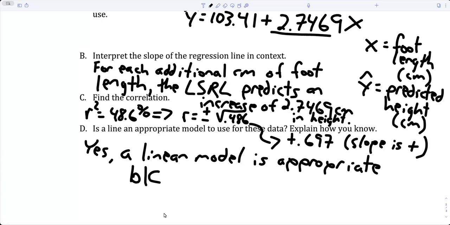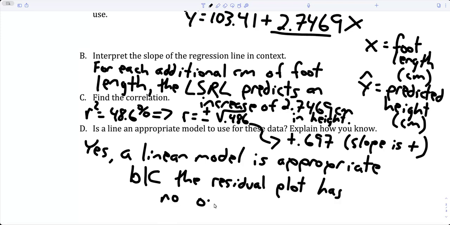There's no obvious pattern in the residual plot, because the residual plot has no obvious pattern.